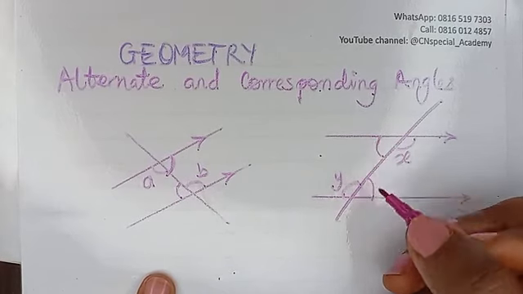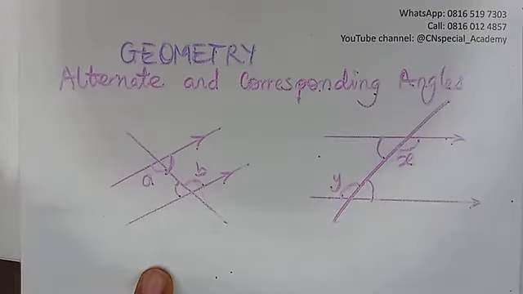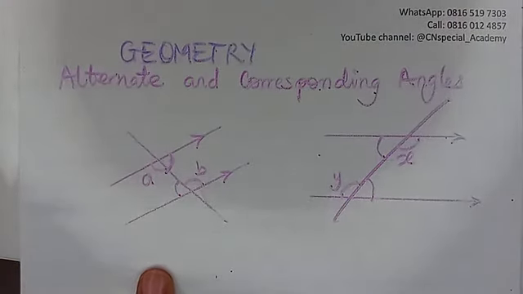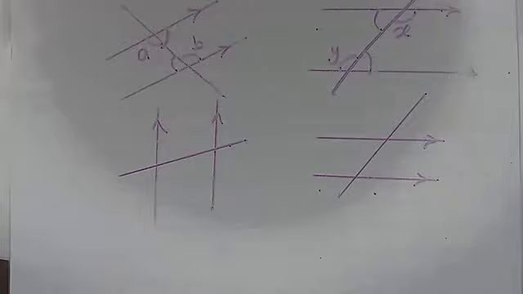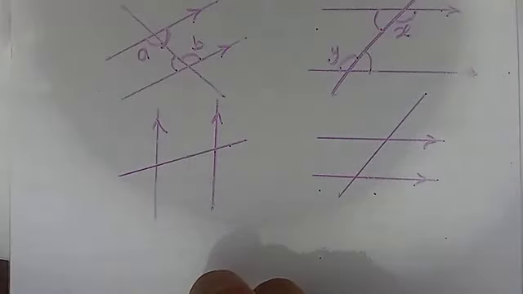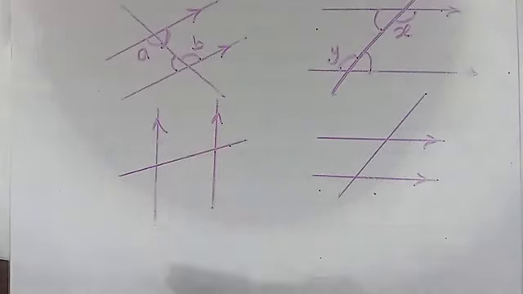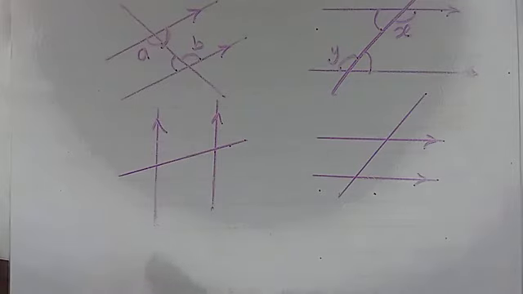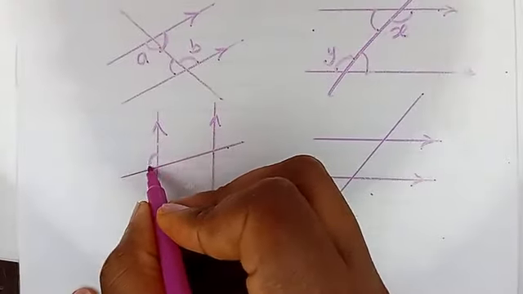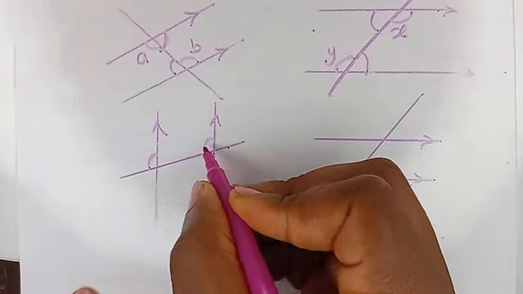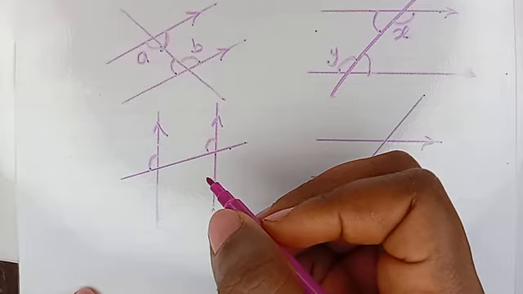They are alternate angles. Now let's quickly look at corresponding angles. Now we've drawn more parallel lines. Let's show what we mean by corresponding angles. This angle and this angle are corresponding angles.